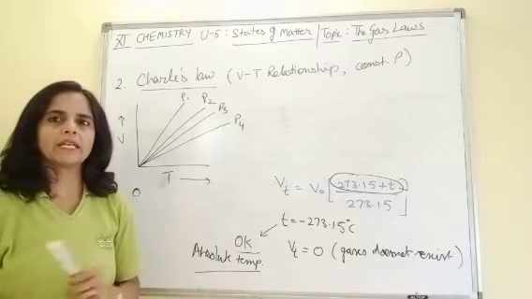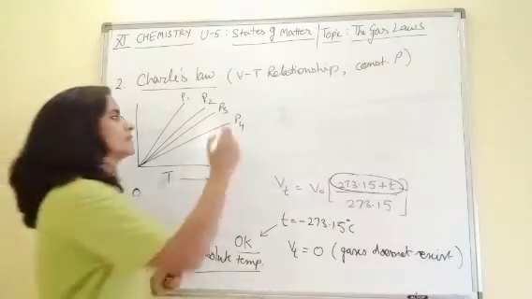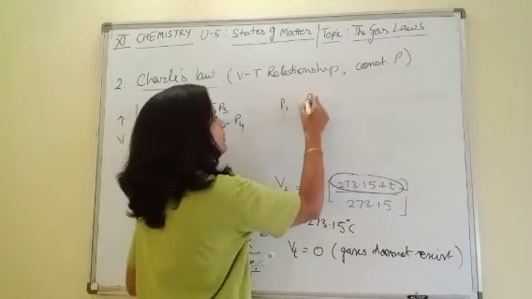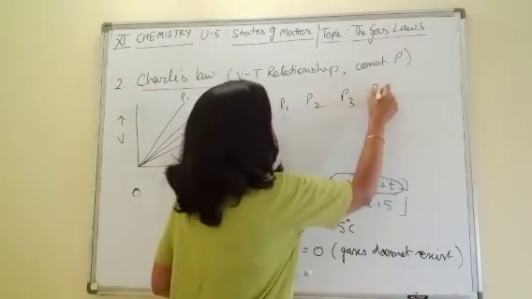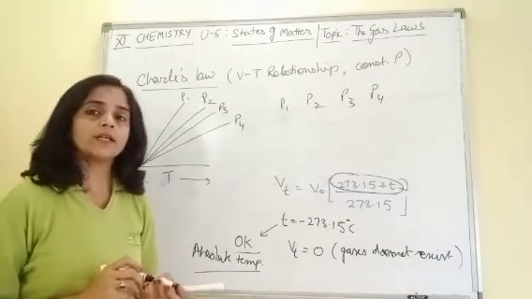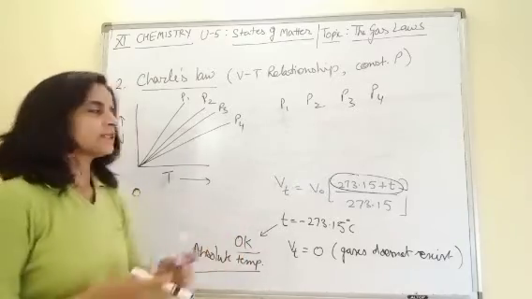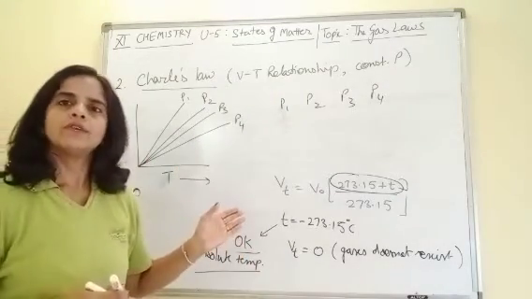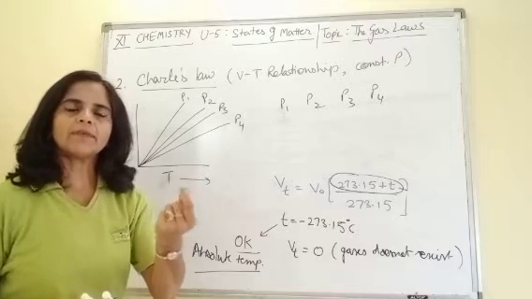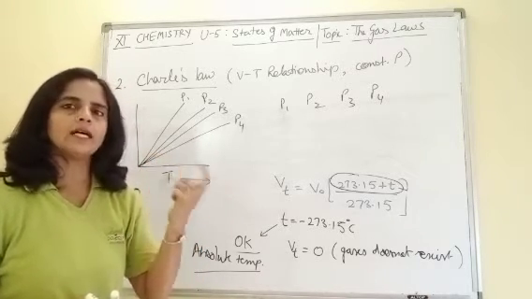We are not keeping any parameter constant. And again the examiner is asking the relationship between P1, P2, P3 and P4: increasing order, decreasing order, or are they equal? As I told you in the previous part, whenever all three are variables, keep one parameter constant so that you can easily decide the relation for the others.